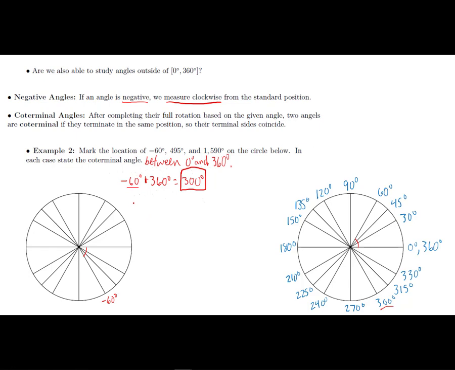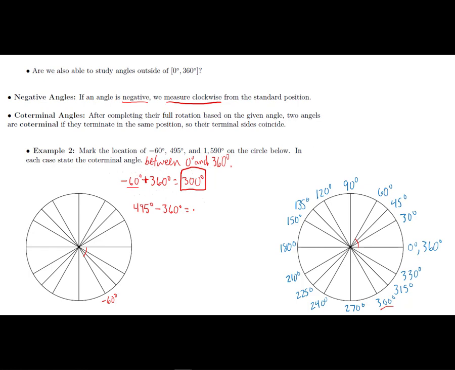All right, let's look at 495 degrees. Okay. Well, in the previous problem, I was able to add 360 degrees and end up in the same place. So, of course, I should be able to go in the clockwise direction 360 degrees and also end up in the same place. So I understand that if I take 360 degrees away from 495 degrees, that the result should be coterminal.